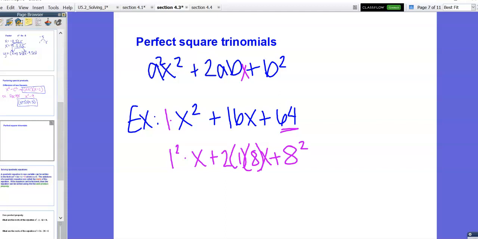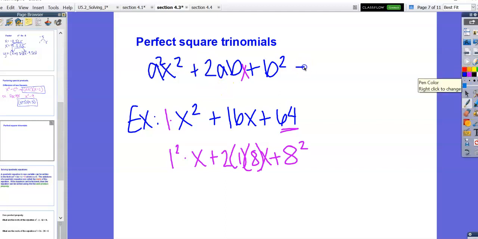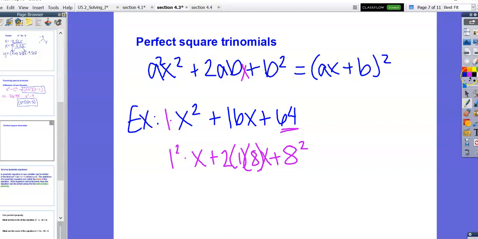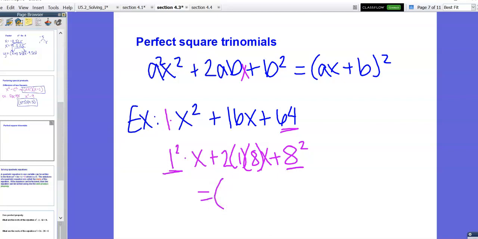And so then when you factor perfect square trinomials, it's always going to be written in the form ax plus b, squared. For us, we can see that the a term is 1, the b squared is 8. So this is the same as 1x, or just x, plus 8 squared.